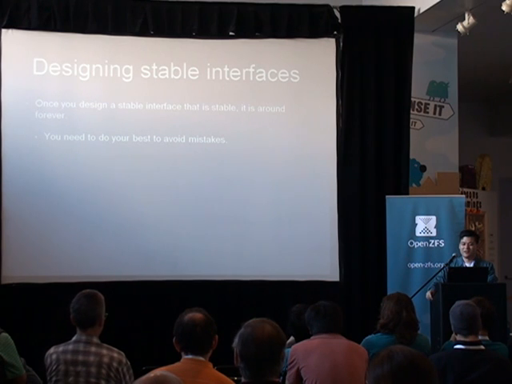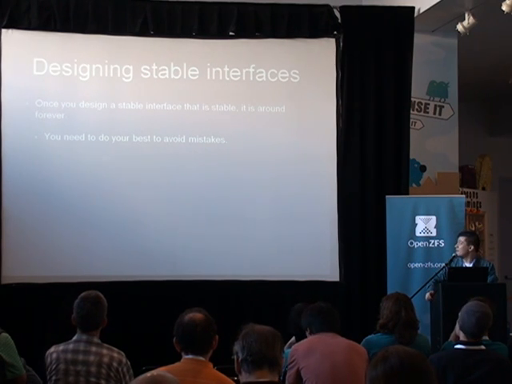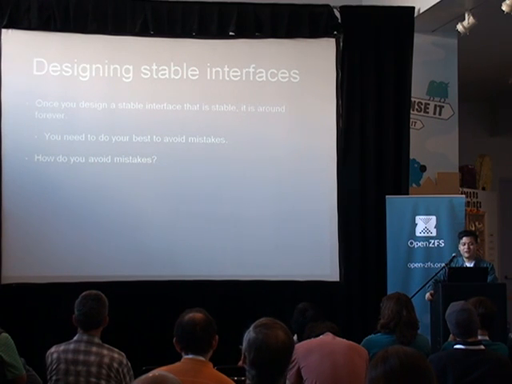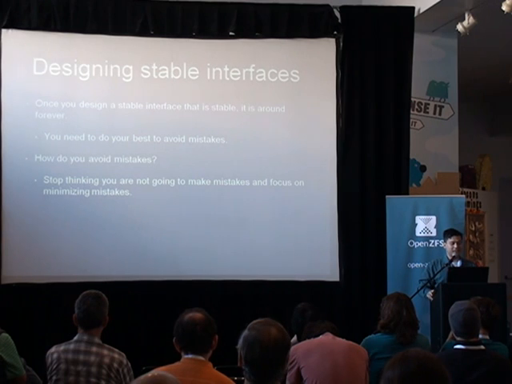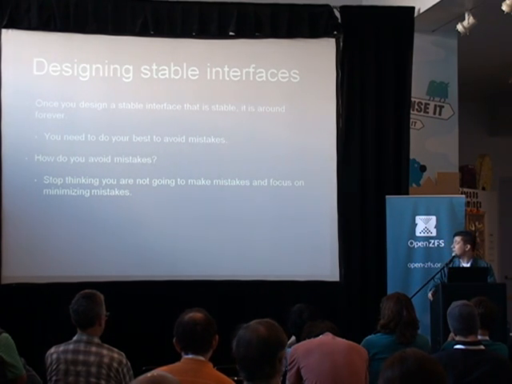So we need to avoid this, and there's a very simple way of going about it. Stop thinking that you're not going to make mistakes. You're going to make mistakes no matter what you do, and the best thing to do is to focus on minimizing them.